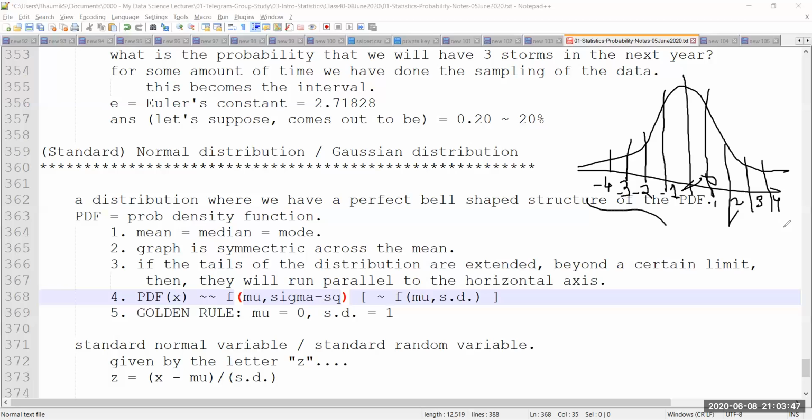If I have a distribution, if I have a random variable which is within the range -4 to +4, right? And then the numbers are changing by 1, then I have a normal distribution.